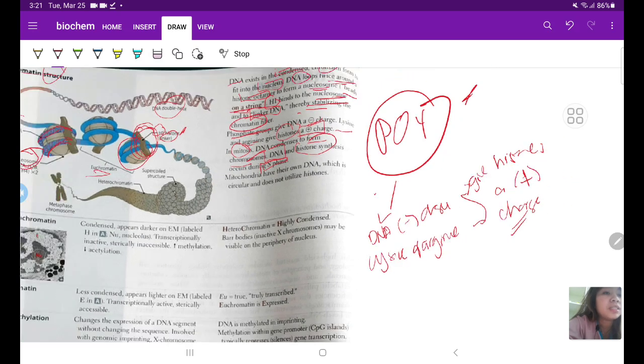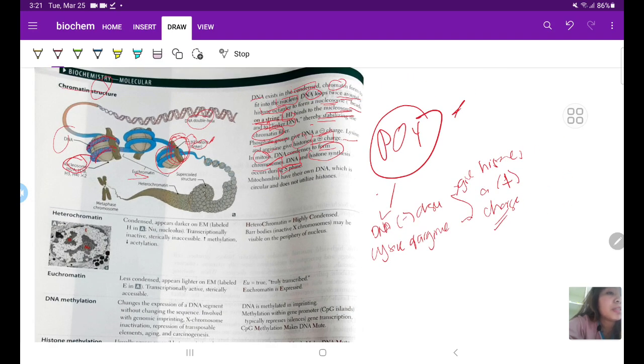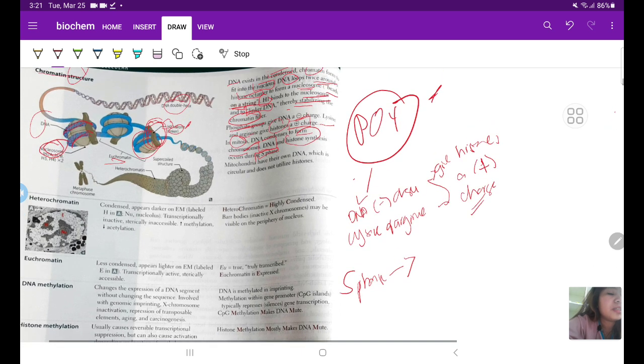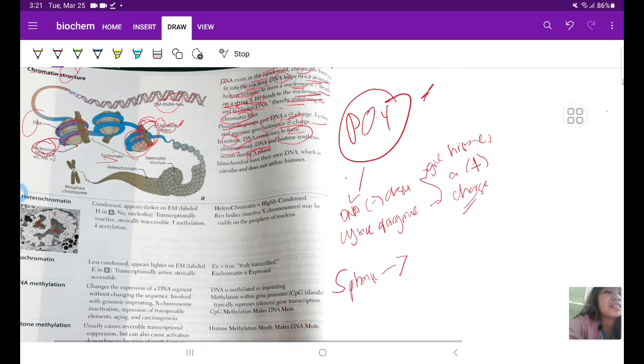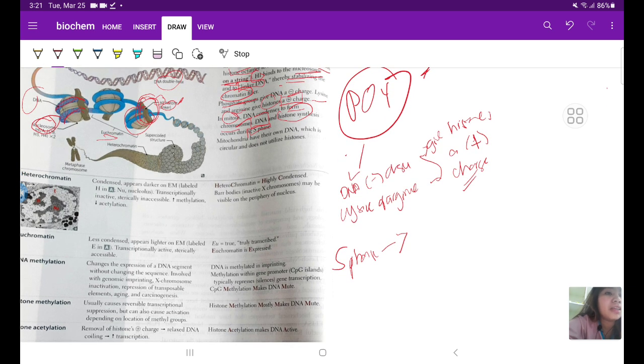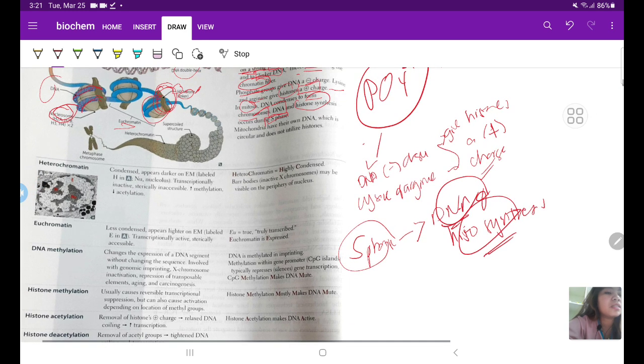So in the cell cycle, there's an S phase there, and during the S phase, this is where the DNA and histone synthesis occurs. So later, I'm gonna discuss the cell cycle.